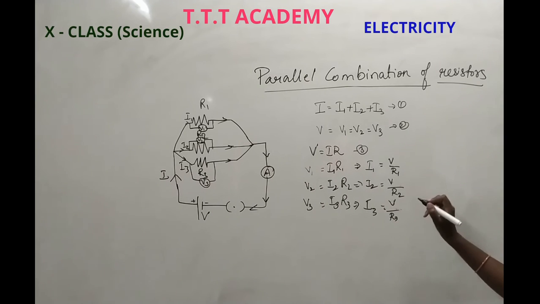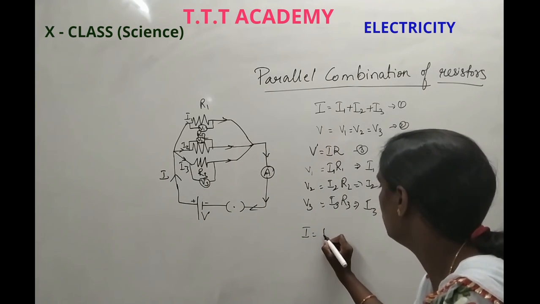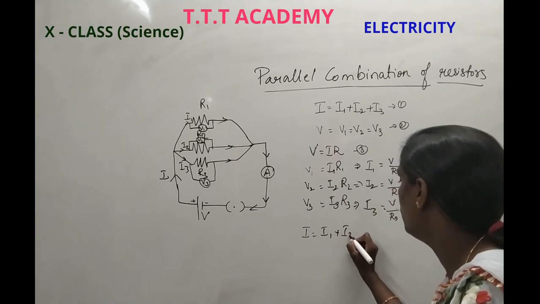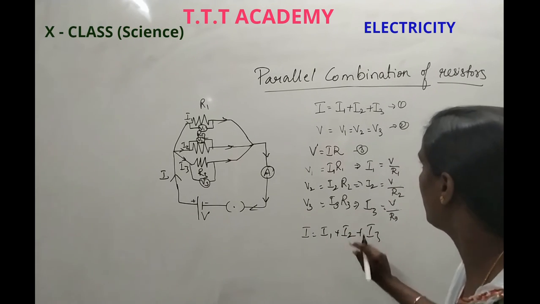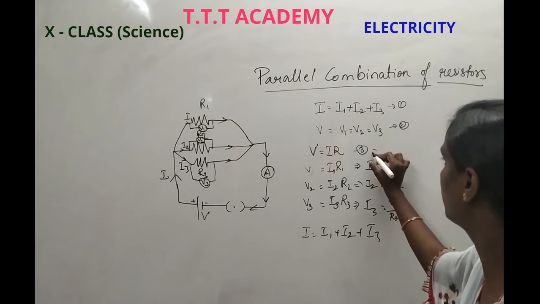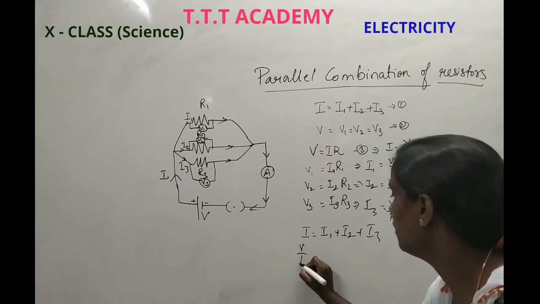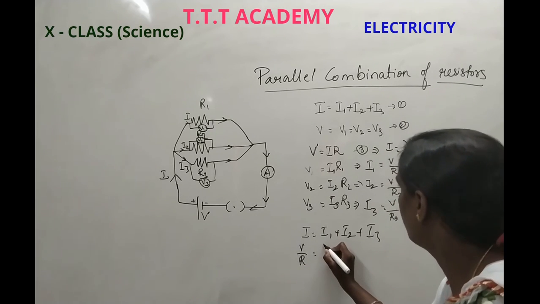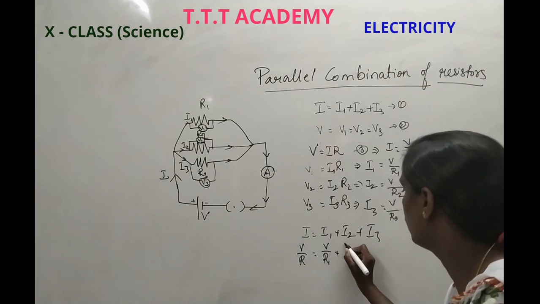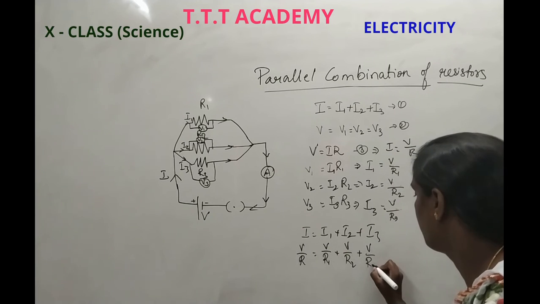Okay. Now, you take the first equation: I is equal to I1 plus I2 plus I3. Here I am going to substitute all the values. I is equal to V by R, no? V by R is equal to V by R1 plus V by R2 plus V by R3.